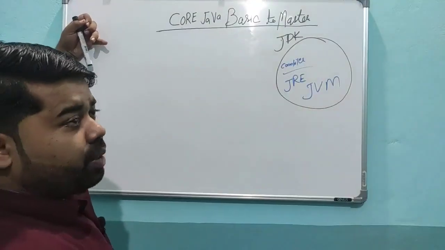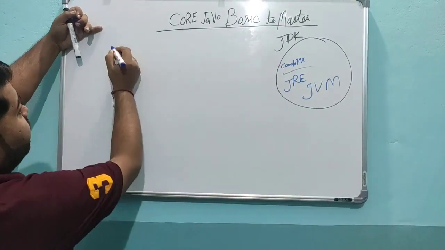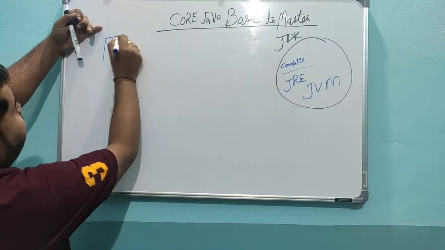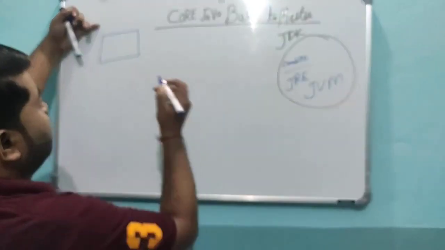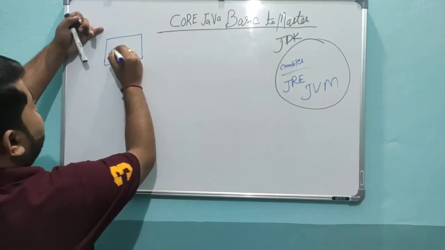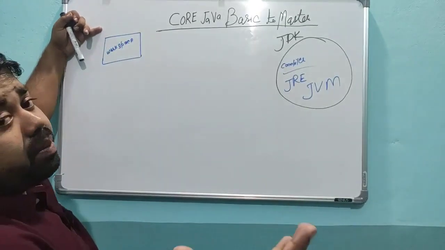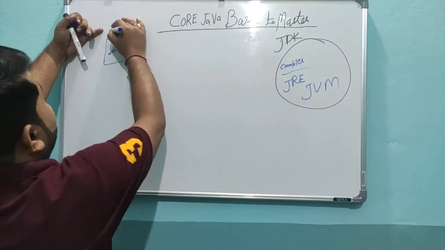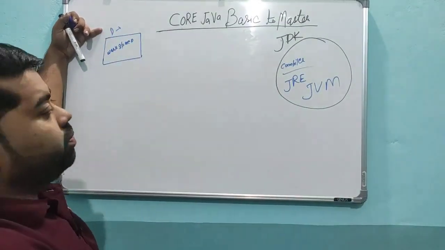So what happens in your system if you are writing any Java code? First of all we have to create one workspace. A workspace is nothing but a folder. You can create it in C drive, D drive, or any drive in your system.